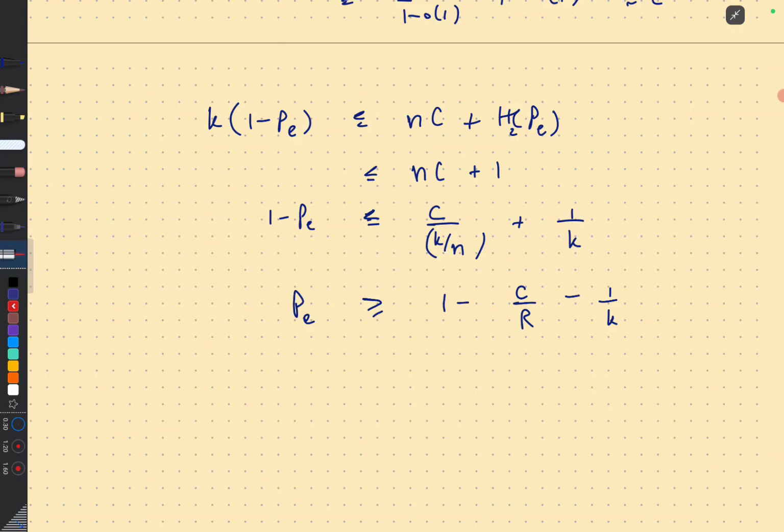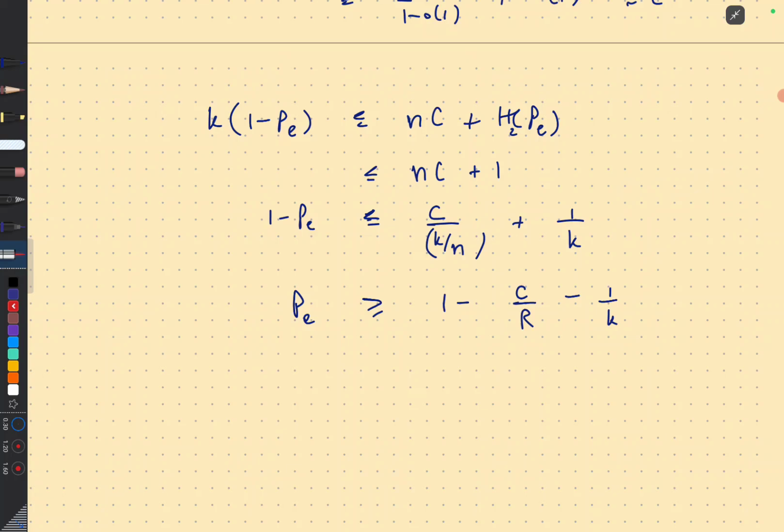All right. So if you're operating at a rate that is above capacity, so let's see what happens. If the rate is below capacity, then this quantity is something that is greater than 1. All right.